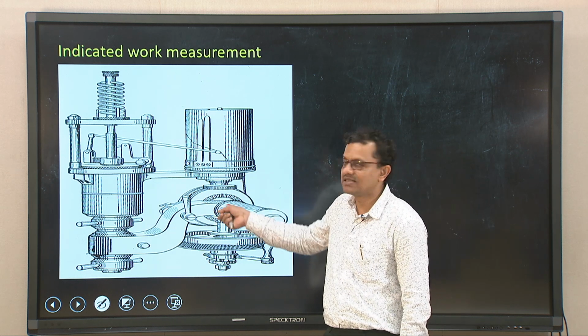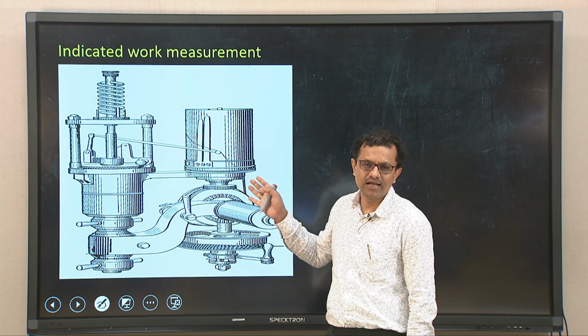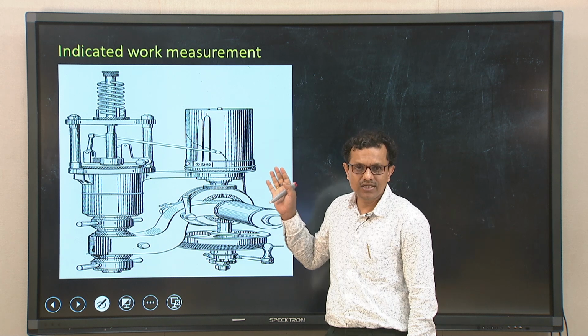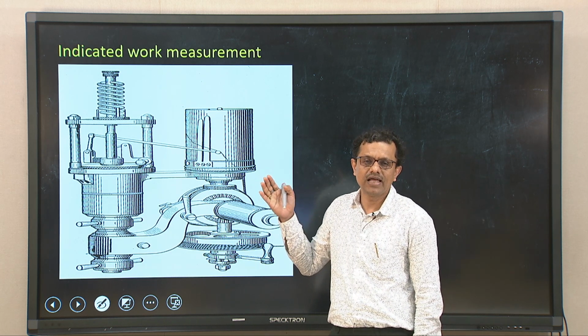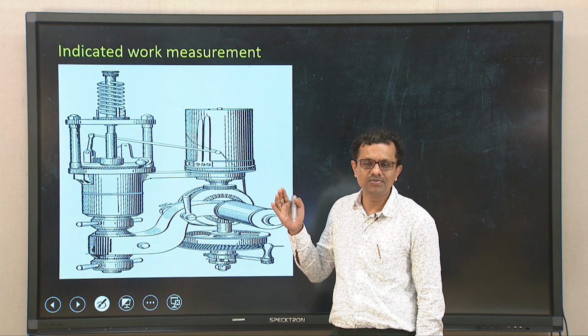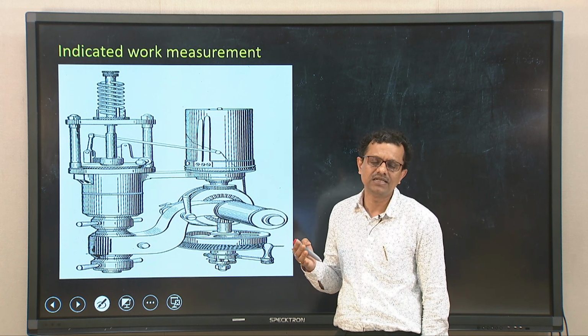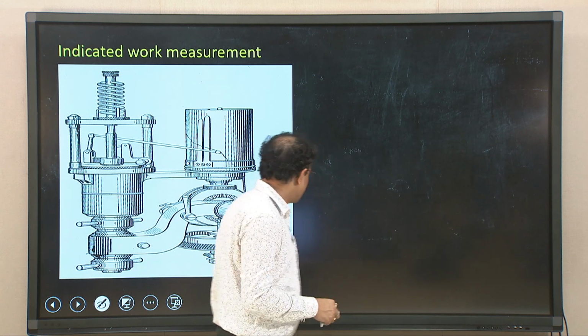So, essentially this device is an indicator device. The working principle of this device relies on the accurate measurement of the indicator diagram, which in turn will be used to measure indicated mean effective pressure. So, what are the components?